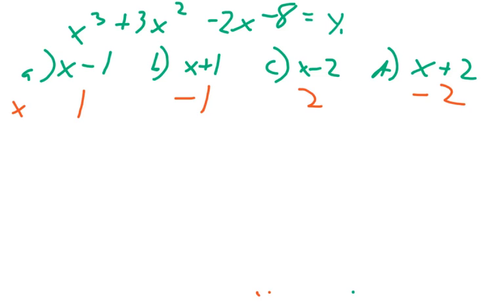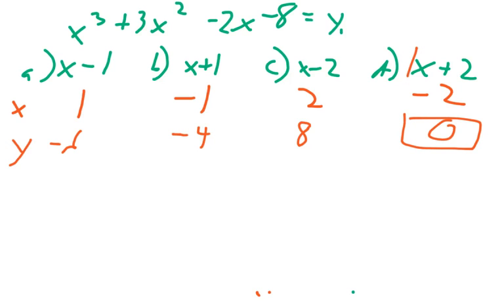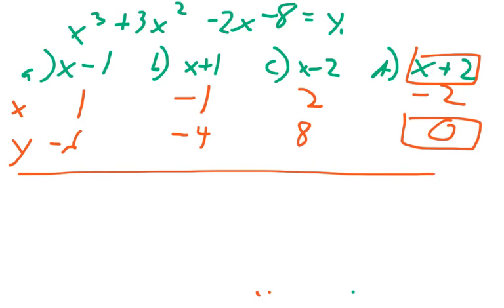And when I do this, for the y values, I got negative 6, negative 4, 8, and 0. When doing the remainder theorem, if I'm looking for factors, I'm looking for where the y value is 0. And so my answer is going to be simply x plus 2 as a factor.